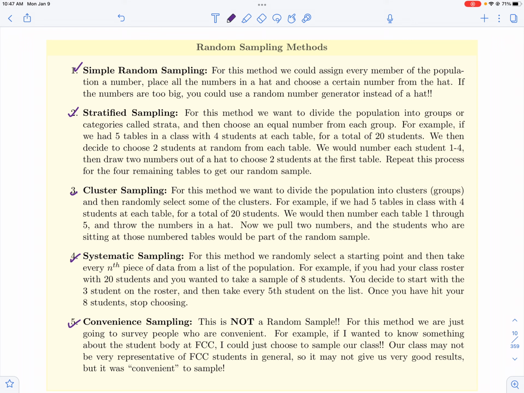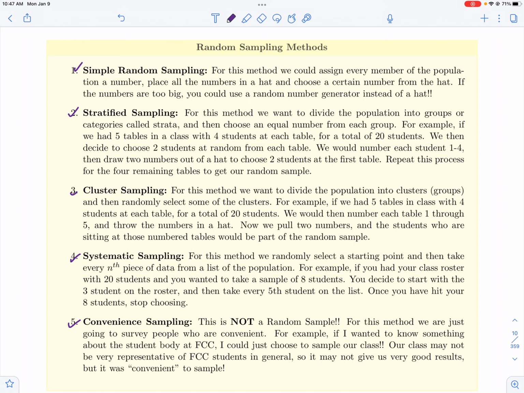We always have to be a little careful of convenience samples because they may not yield the nice representative sample that we're looking for. Plus, if we're asking people questions, we could ignore certain people, so we could introduce some kind of bias as well. So again, we want to be careful about convenience sampling.